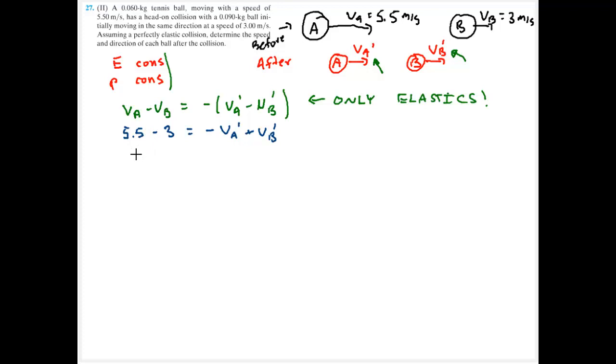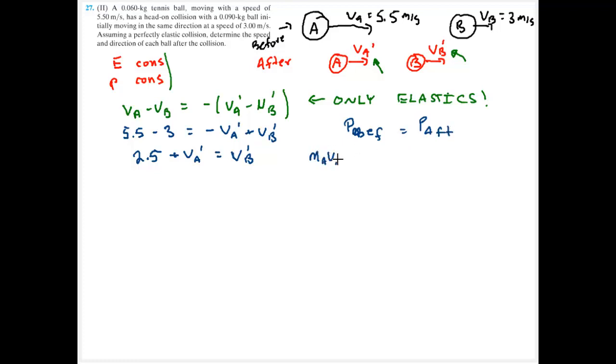So I'm left with 2.5, and what I'll do is I'll add velocity A to both sides, and now I have an expression for the velocity of B afterwards. I can use that, and I can say, well, I know that momentum is also going to be conserved, so the momentum beforehand is going to be equal to the momentum afterwards.